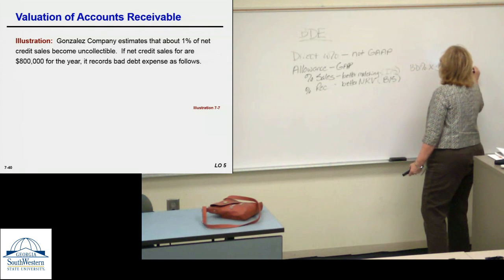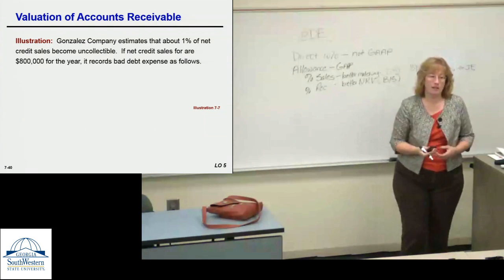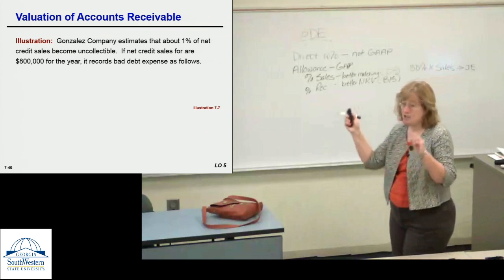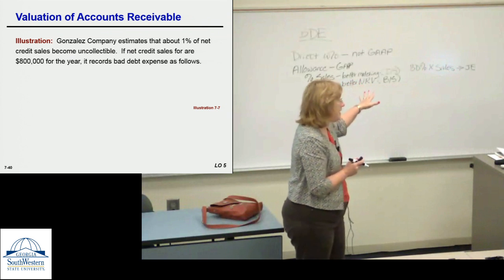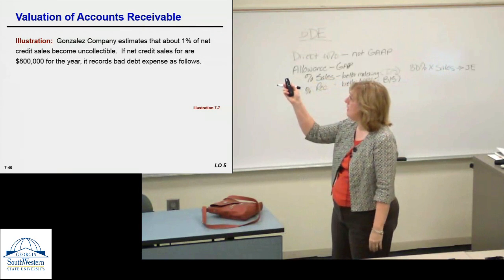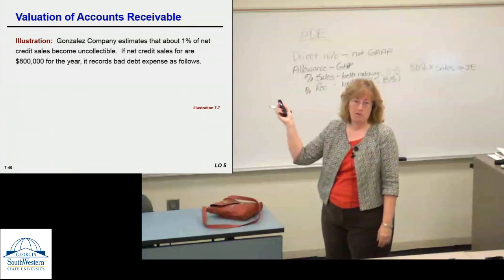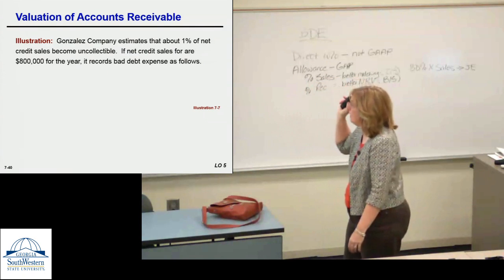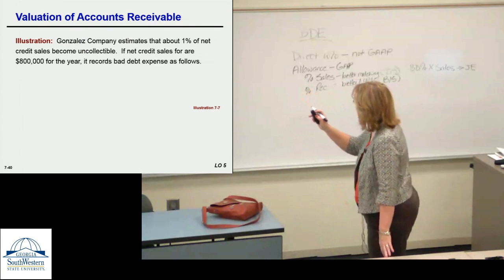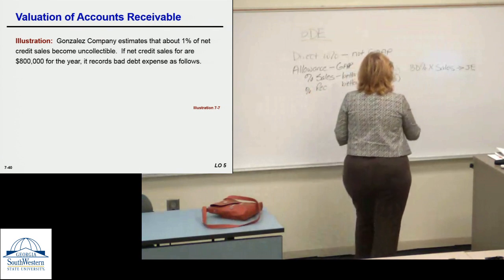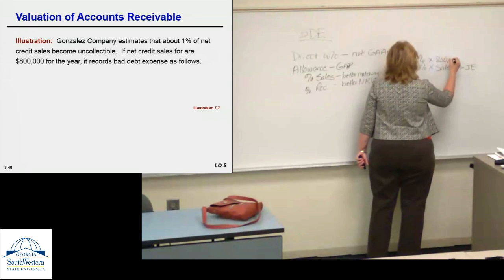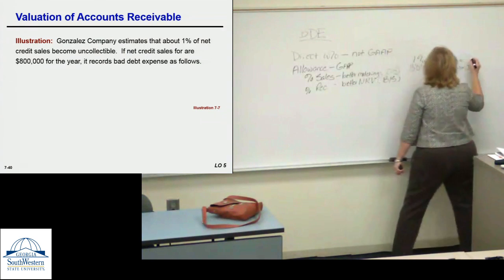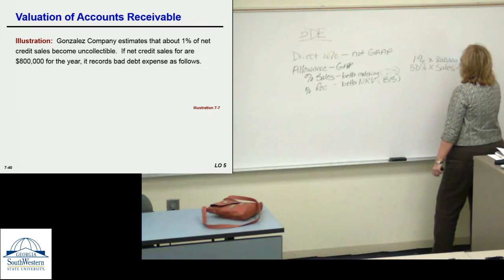That gives us our journal entry, okay? So these two are done two different ways. Our bad debt percentage, in this case 1%, times our sales: 1% times 800,000 equals 8,000, right?